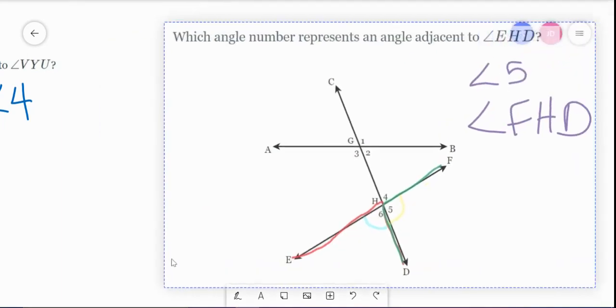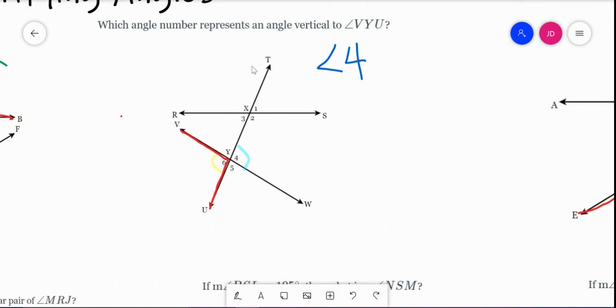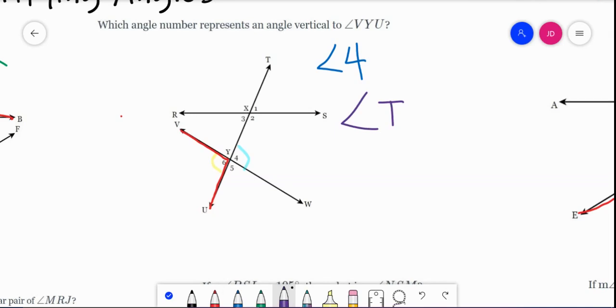If we look back at a couple of these problems over here, this one over here, angle 4 is actually TYW. So this is also TYW. So that's a different way you can label these angles.